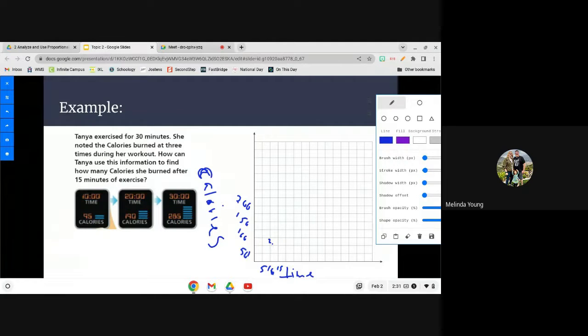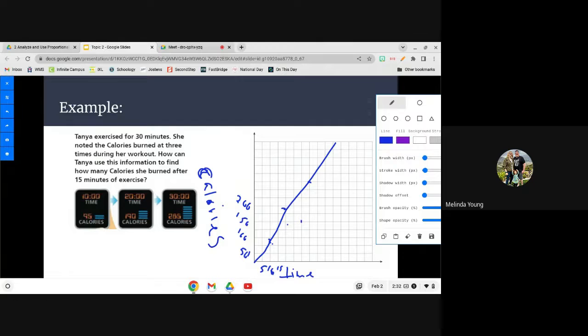Then at about 20 minutes, I am at 190, so close to 200, about there. And then at 30 minutes, I am at about 285, so we'll say about here. So my line is going to go kind of like that.